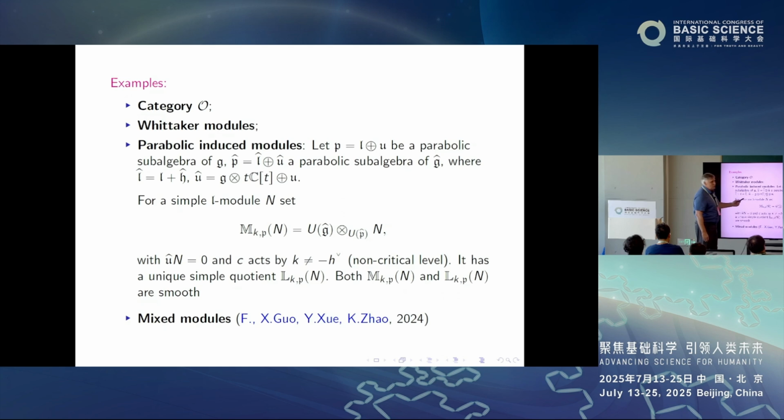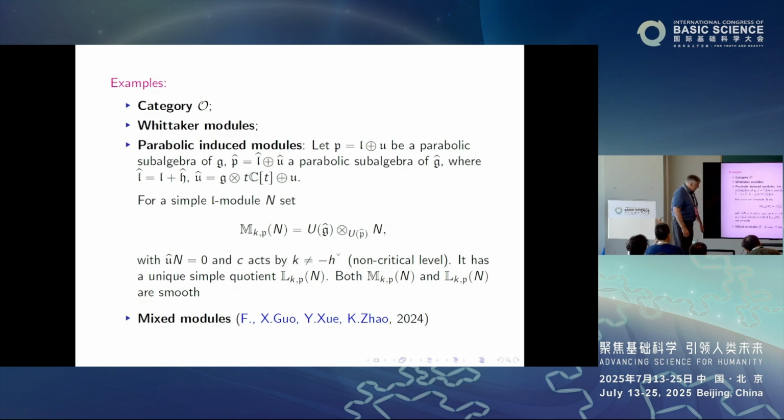Its simplicity is determined by the L module structure. And then induced up. Right, so if I'm staying away from the critical level, I will have a unique simple quotient, which I denote by L. And so these are examples of smooth modules obtained by parabolic induction.